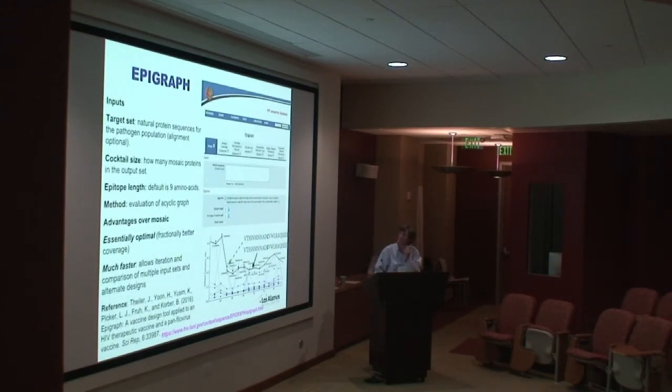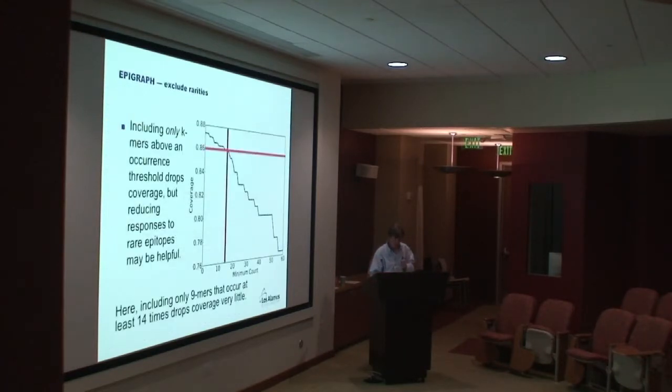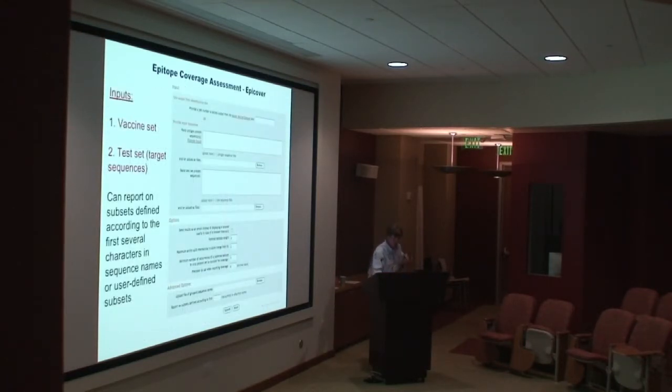I'll skip over this part, but simply mention that there are a number of useful features here, both for building things and for evaluating them. In terms of evaluation, you can also say, well, look, you have something you want to use as a vaccine, and you have a population of target sequences.